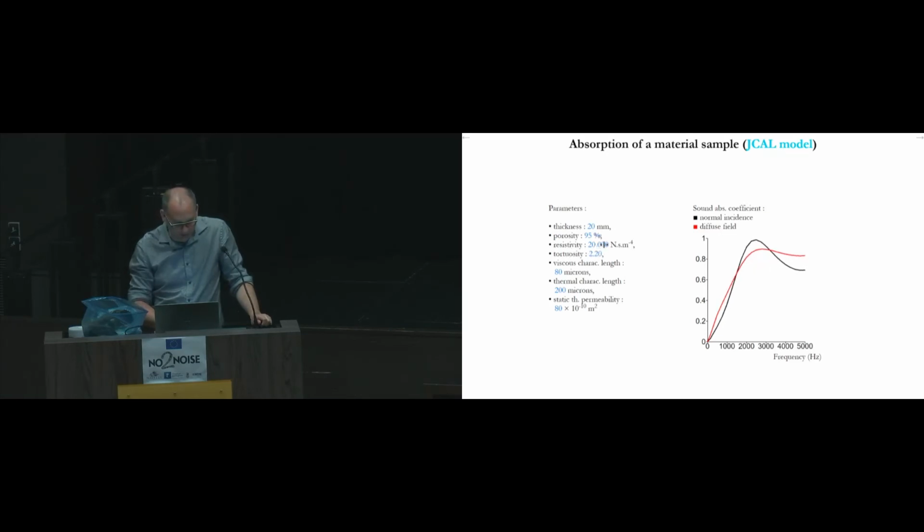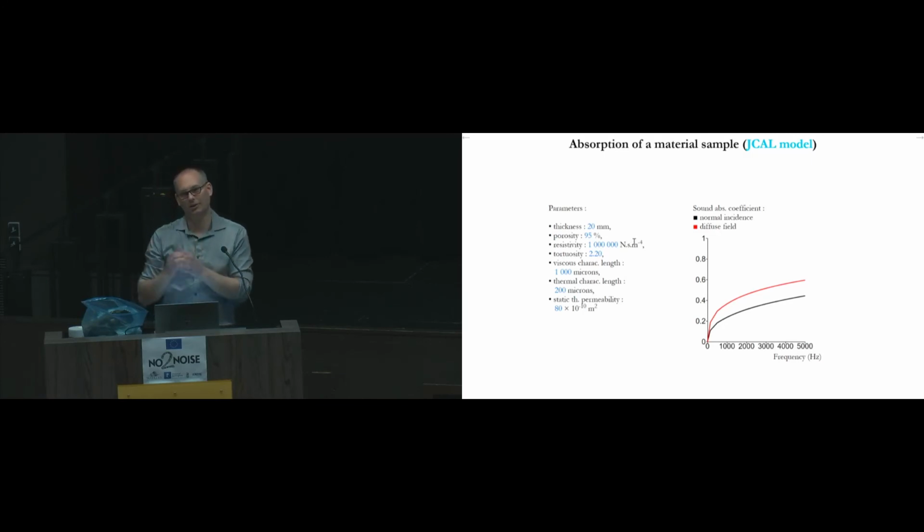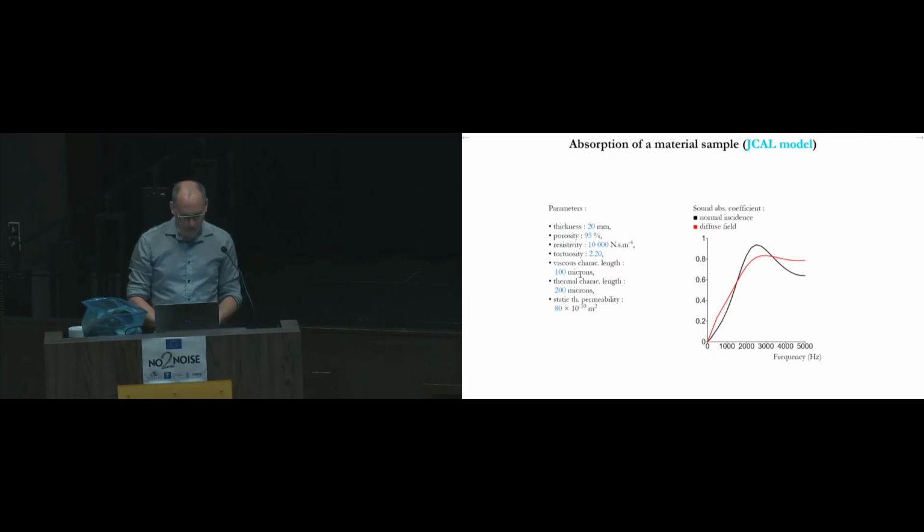It should not be too small, because the wave goes through all the material without being dissipated, and it should not be too high, because in this case the material is almost impervious, so we have reflection. Again, in this simulation, I don't put any condition on parameters, so you have to check if your parameters are consistent with a real material or not.